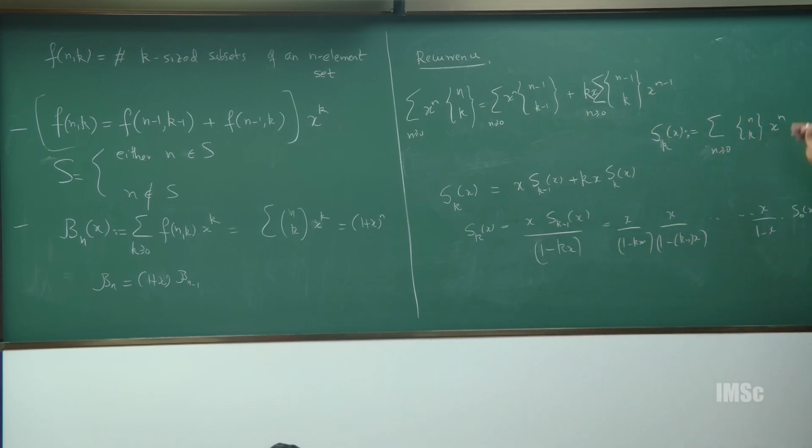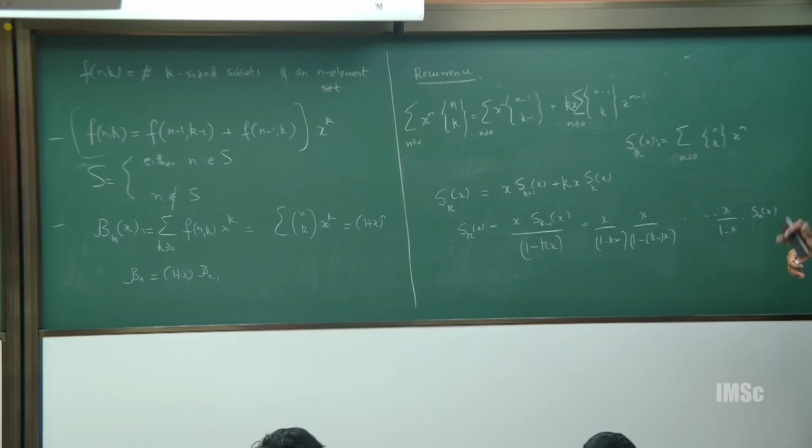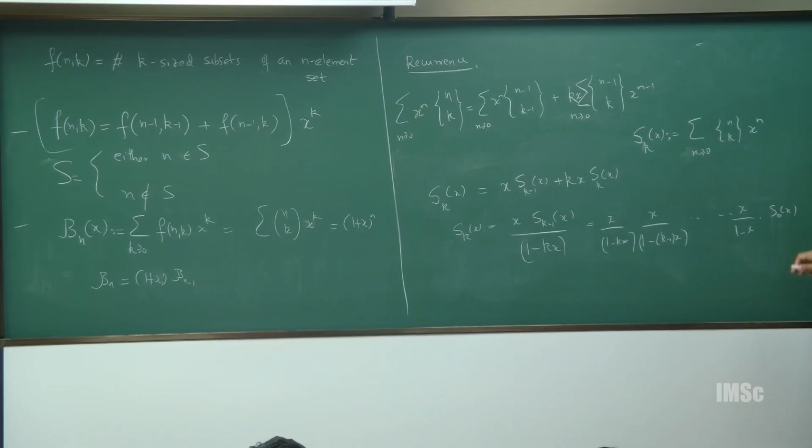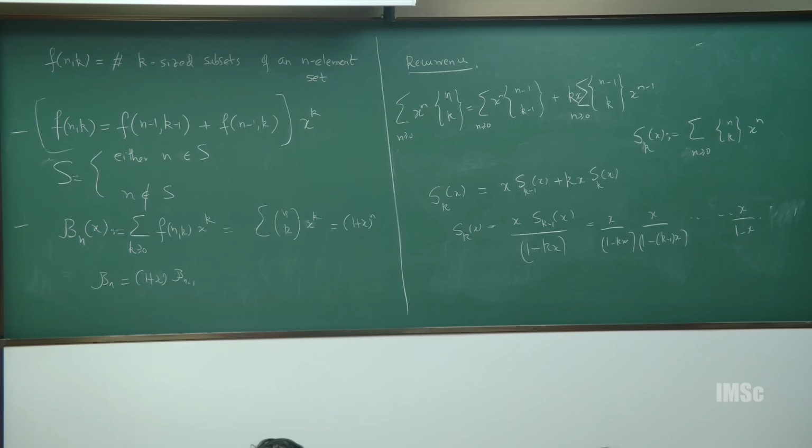S0 of x, k is 0, let us say it is 1 again, right. Only curly 0 is 1, everything else is 0, right. So it is this. Yes. So it is pretty involved.